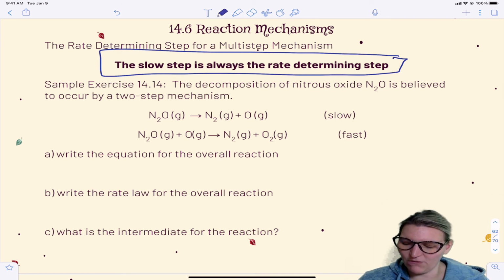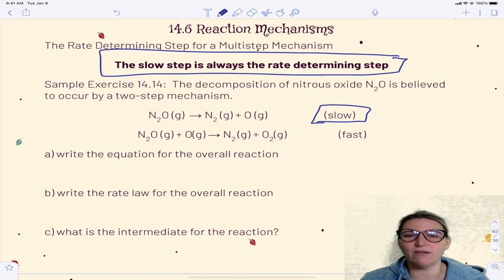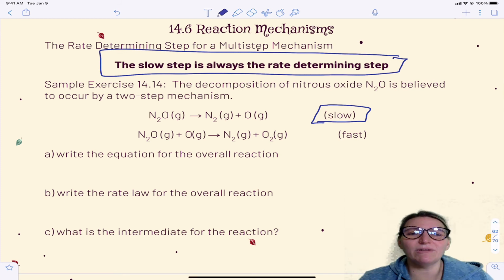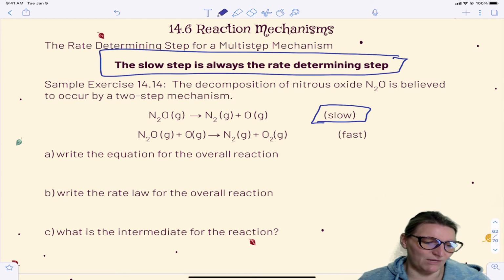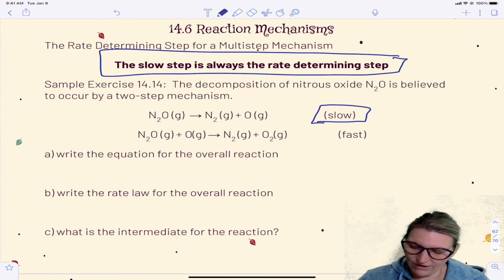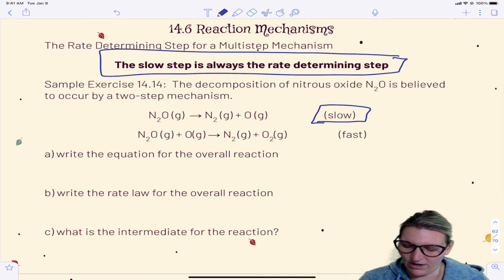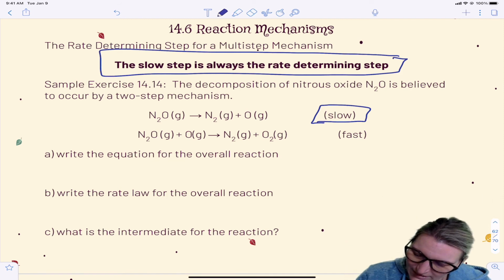So this is the decomposition of dinitrogen monoxide, believed to proceed this way. Notice that it tells you that the first step is slow. They're going to tell you that the first step is slow. So write the equation for the overall reaction. This is where I look at reactants and products. What can I cross off?